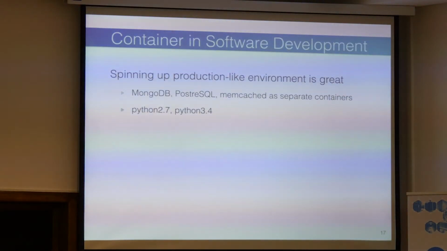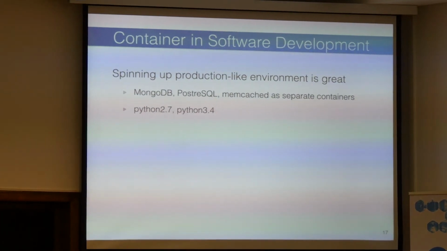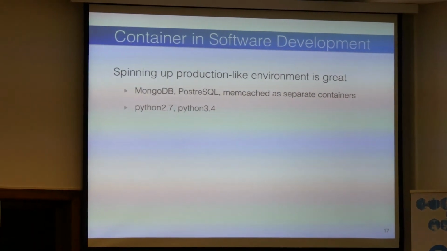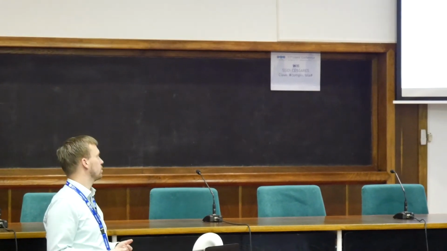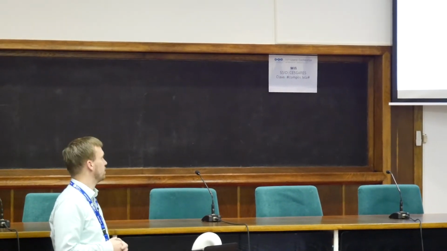And containers for software development is a thing that's been spinning for a couple of years now. It's easy to create production-like environments with containers because they are totally isolated and they have their own userland. So you can run Postgres, Memcache, Elasticsearch, all the things that you do not know how to install or do not want to install because they are so complicated. You can just spin them up in containers and develop against them.